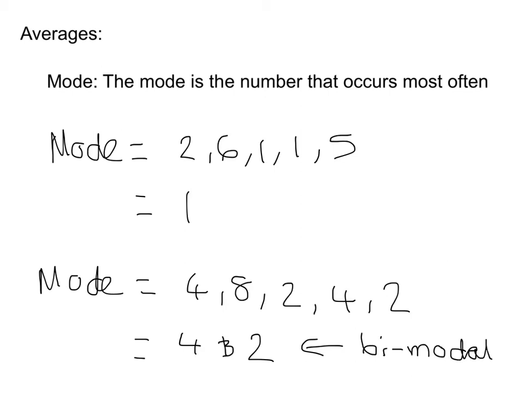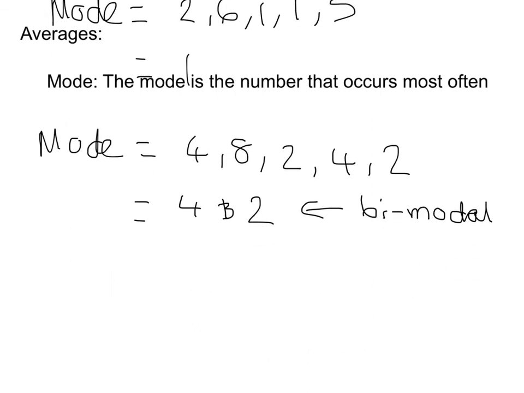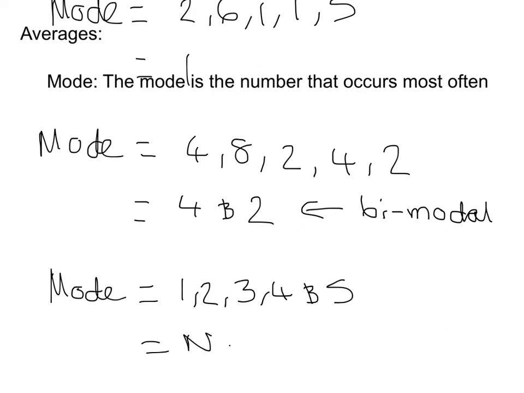So we don't just have to have one mode, we can have more than one mode, and we can in fact have no mode. So if we looked at a list of numbers, for example, 1, 2, 3, 4, and 5, well in this case there would be no mode because none of the numbers occur more often than any others.